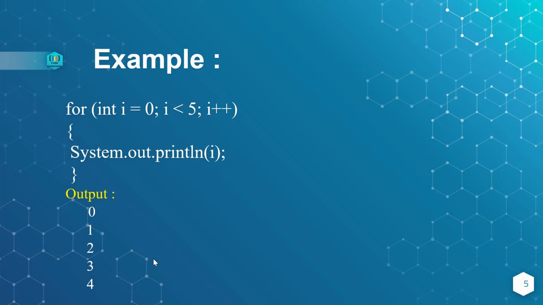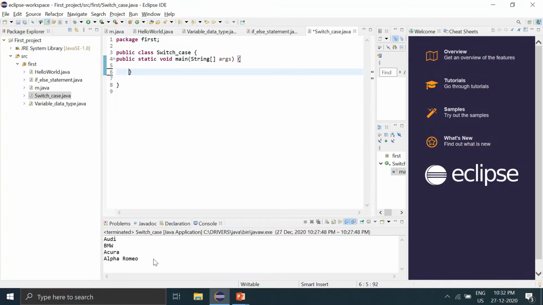So let's see a simple practical example for this. Let's say for, in brackets, int i is equal to 0; i is less than 5; and I would like to increment i by 1, and simply I would like to print the value of i.